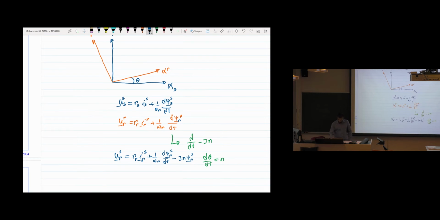So what we did, now we changed this direction, put it to here in the stator-oriented frame. This is the first step of what we did.